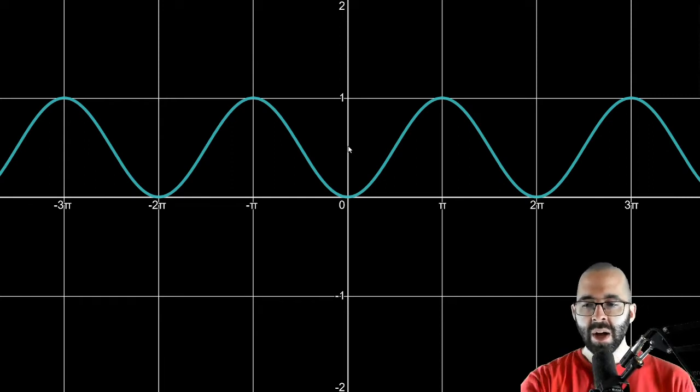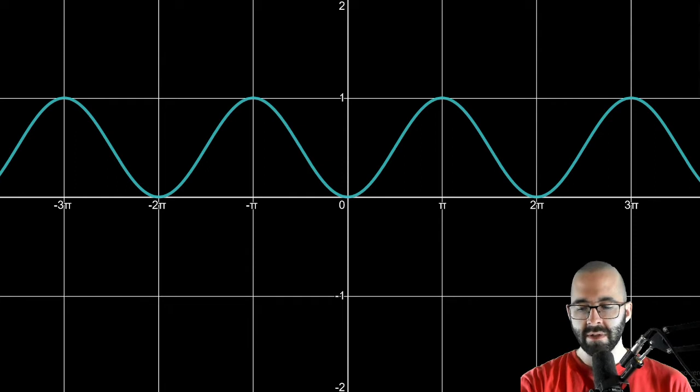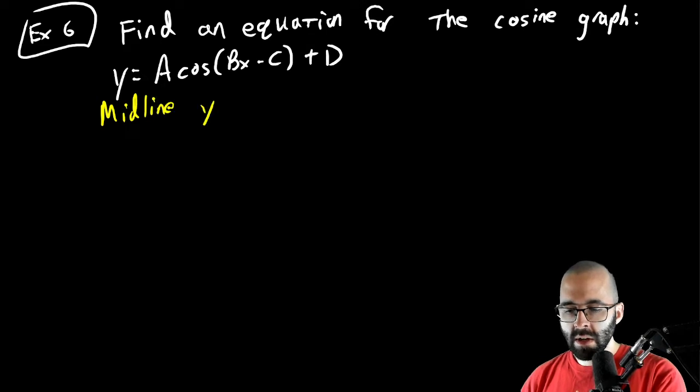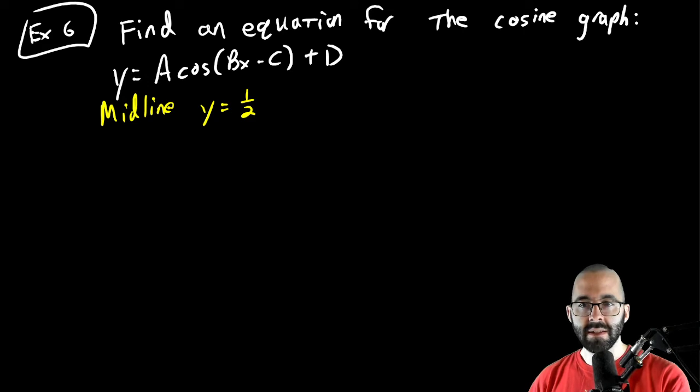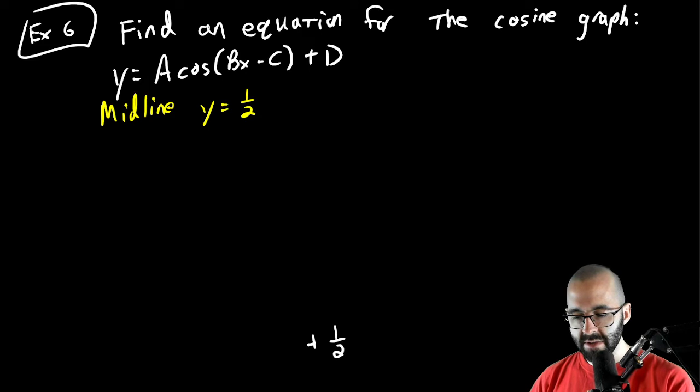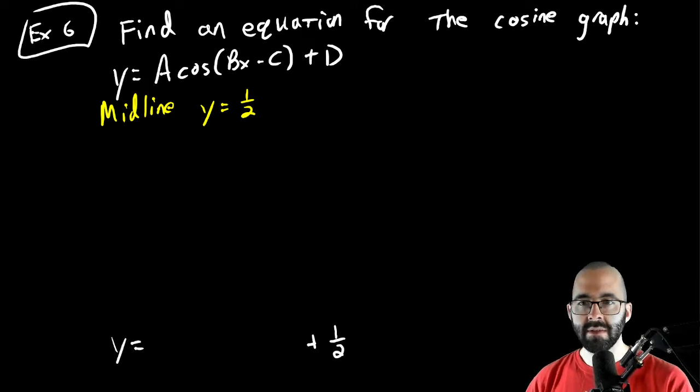The midline should be y equals positive 1/2. Okay, so midline, y equals positive 1/2. That immediately tells us what d is. D is that value. Okay, our answer on the bottom, plus a 1/2. We know that much.